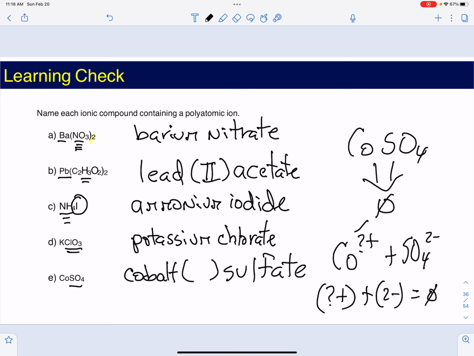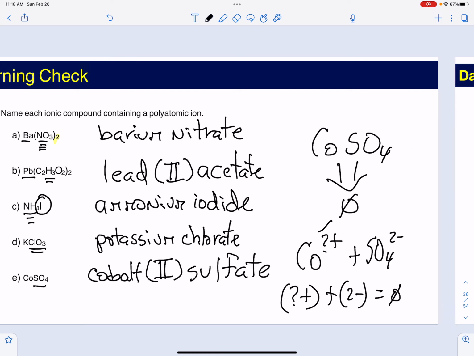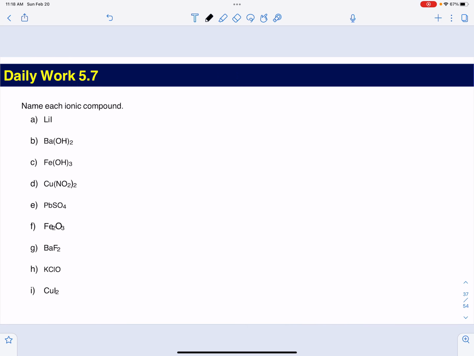So this is going to have to be 2 plus. So we basically cover all 3 different rules in one shot on this problem. So I guess now is your turn. So you can do all of those. Apply all the different rules with one, more than one ion, only one ion, and the polyatomics.